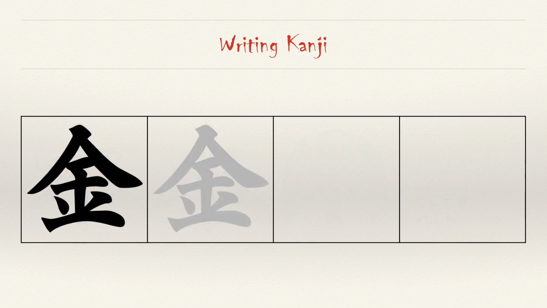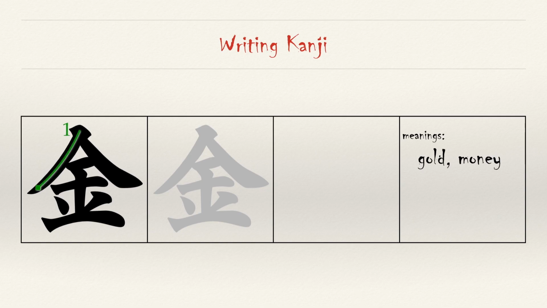Our last character for this video is gold. Of course, anywhere you go, gold can be exchanged for money. Money should give you a clue about one of the readings of this character. This is a complicated character, unfortunately not the most complex we'll learn today. It is 8 strokes.